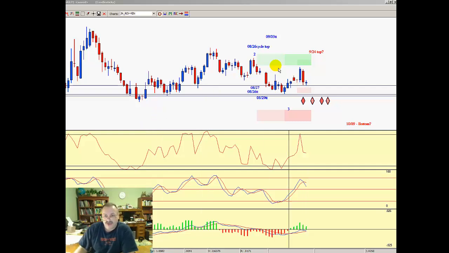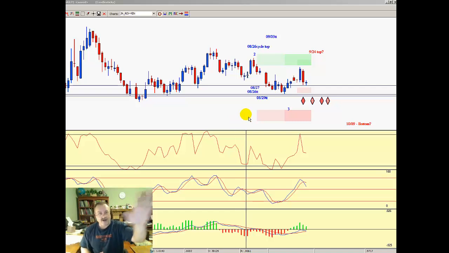Now, as you can see here, I have these numbers 2 here and 3 here. Basically what I was doing is putting notations down on my chart so that when I come back to it later I can remember where things occurred, because I look at so many charts every single day that when I go back to a previous chart I have to jog my memory as to what I did on it.